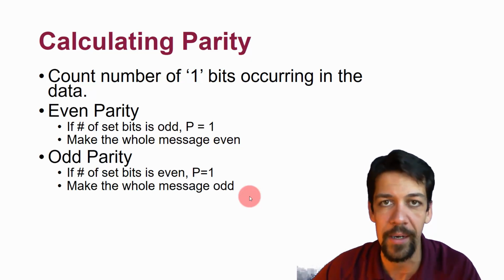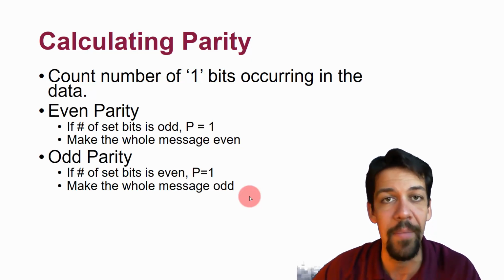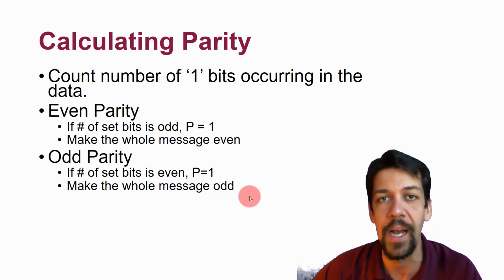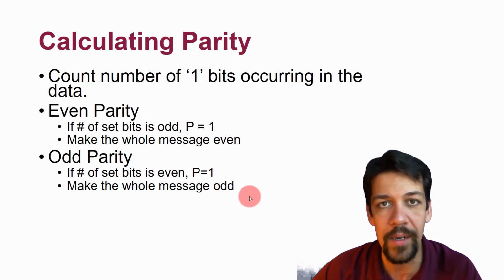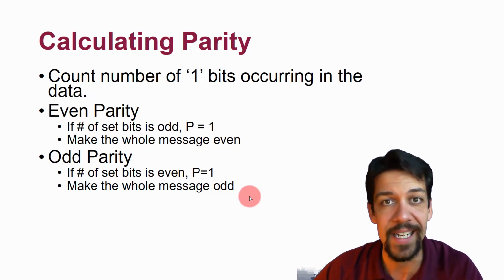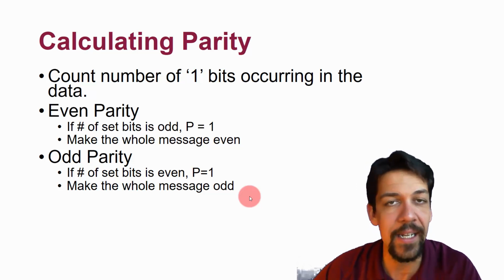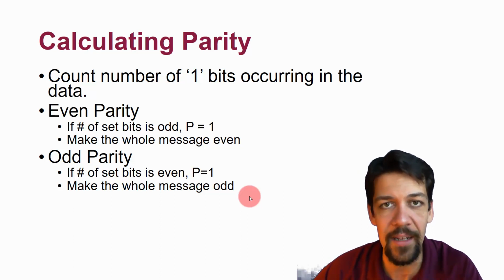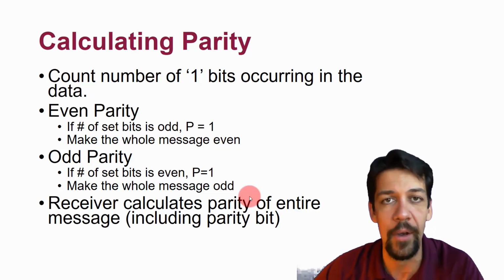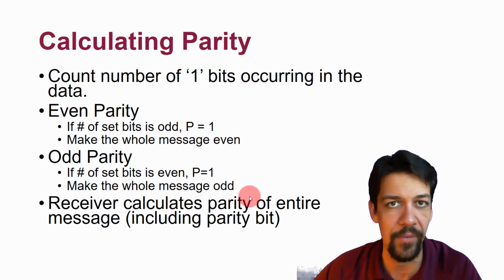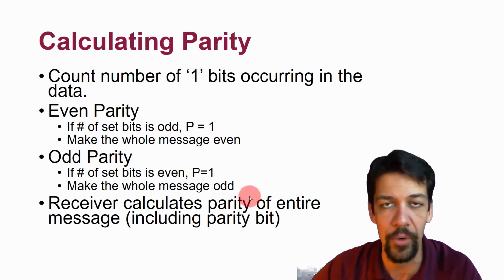Similarly, for odd parity, if our message is even, we want to set the parity bit to 1, which makes it odd, so that the entire message is odd, right? Now, the idea is we transmit the message and the parity bit, and the receiver calculates even or odd parity, whichever one both endpoints have agreed on.